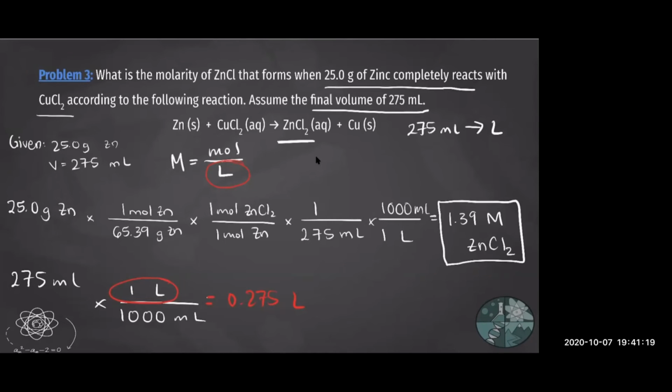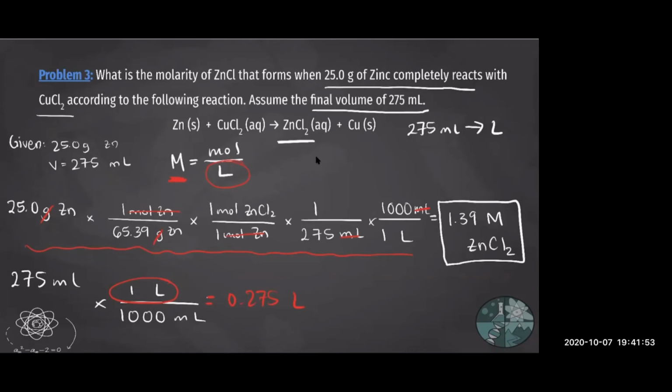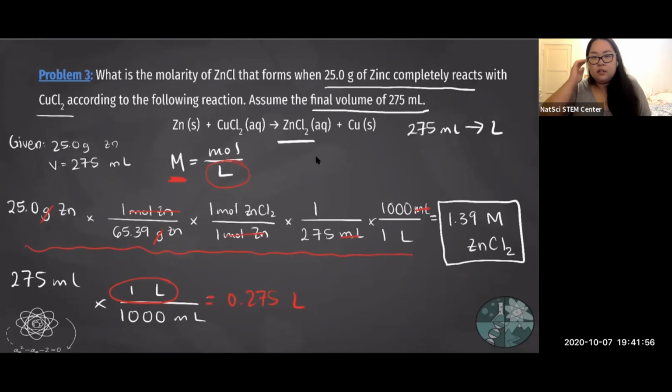If you're able to see that molarity has the units of moles over liters, if you do a step-by-step setup like this, as long as your units cancel out and you're left with your desired moles, then it's right. So you'll see that you're only left with moles of zinc chloride over 1 liter, over the unit of liters. Did they clear it up for you guys?